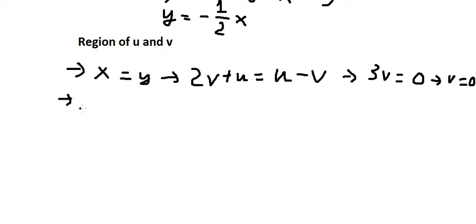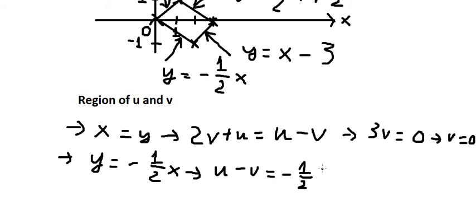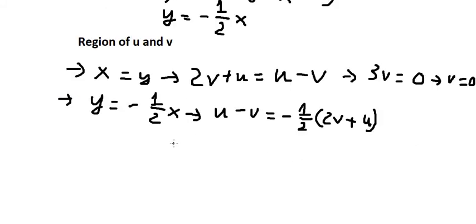Now the next one, we have y equals negative 1 over 2x. So we have y equals u minus v, and x equals 2v plus u. So negative 1 over 2 multiplied by 2v, you got negative v.